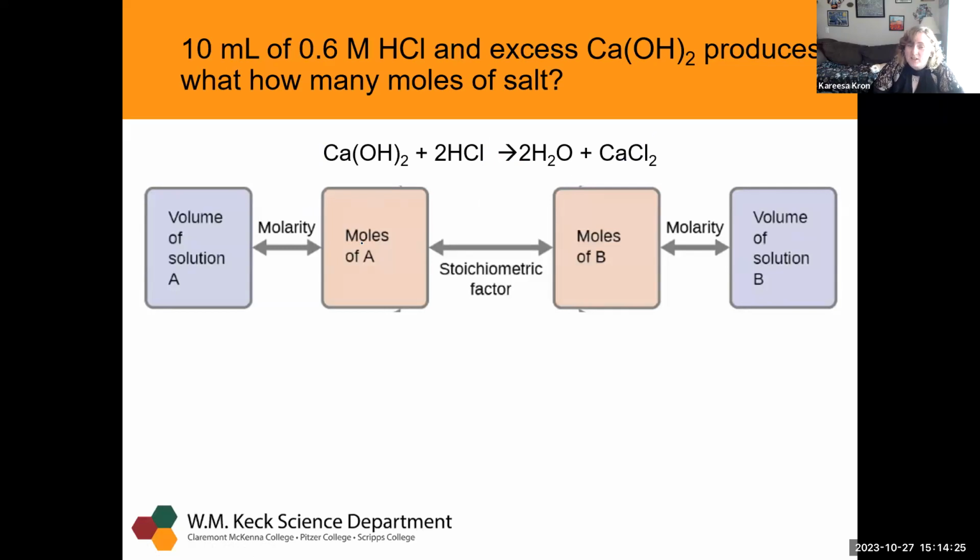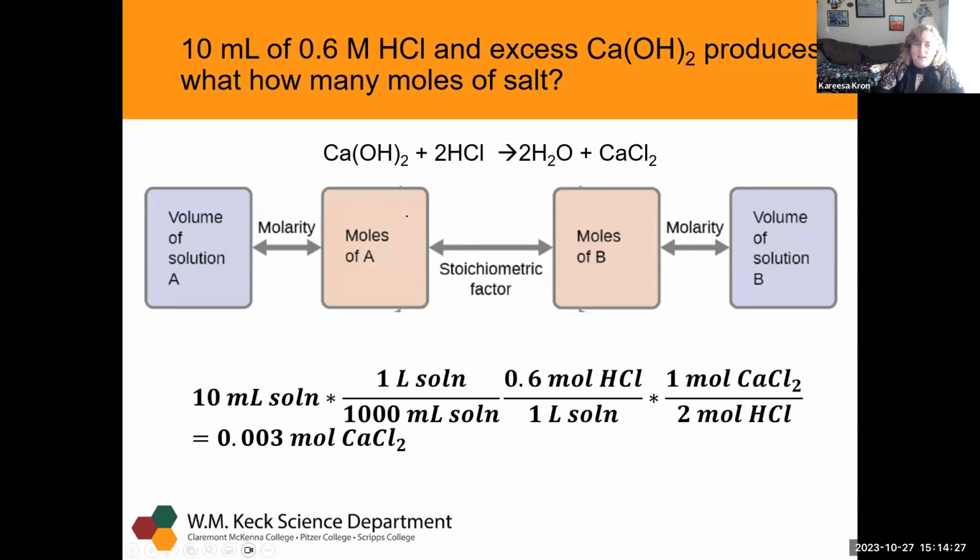And then I can start to do dimensional analysis. So I can say that if I start with 10 milliliters of solution, I start here, 1, I want to multiply by molarity, and in order to do that, I have to convert from milliliters to liters, and then I can multiply by the molarity I've given, and I go from a volume to moles of HCl, and then I can use the stoichiometric factor.